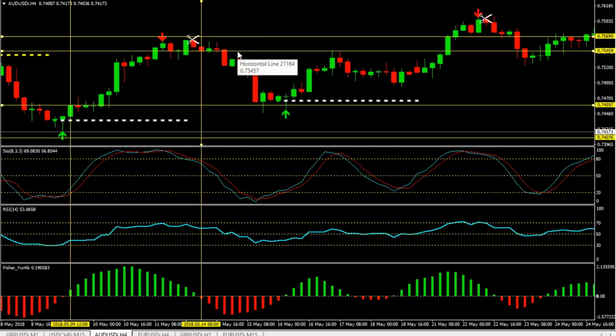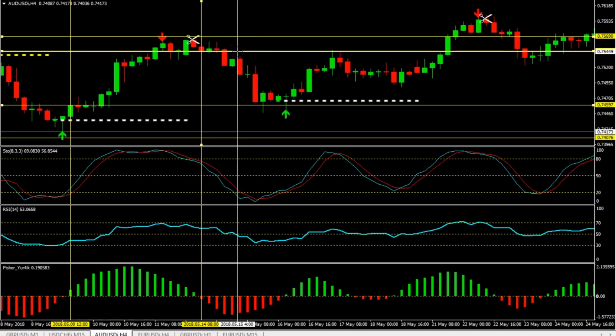You will close one of your trades when you get your 1-to-1 risk to reward ratio. So you're risking 23 pips, so you will get your 23 pips on this green candle.